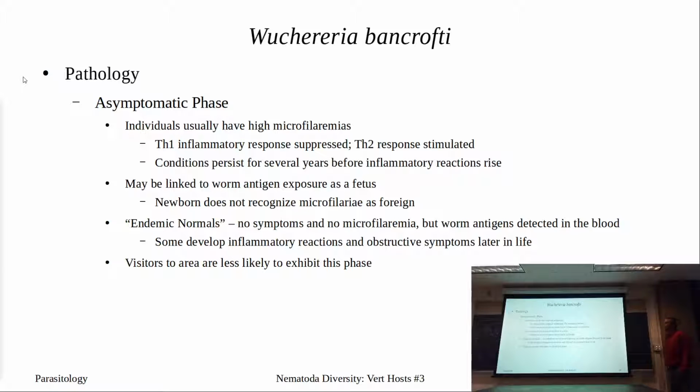So the asymptomatic phase, individuals in this case have high levels of microfilaria in their blood. Microfilaria would be the term. And what we see with this phase is that Th1 inflammatory responses are suppressed and Th2 responses are stimulated.